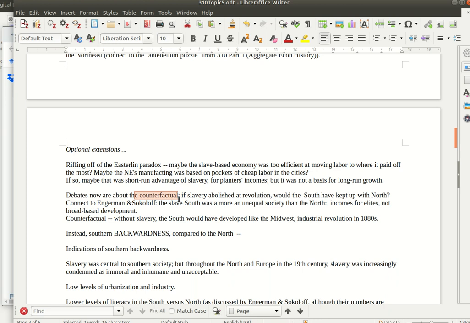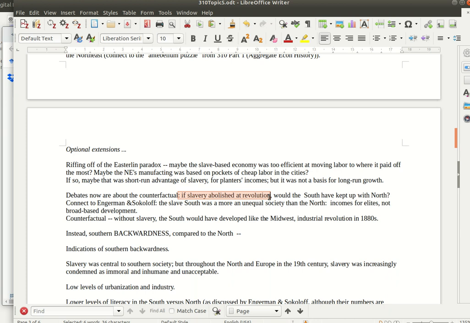And the counterfactual in this case that people look at for talking about slavery in the Southern economy is the question of, well, hey, what if slavery had been abolished with the American Revolution, as many people had hoped it would, as some of us think it should have been, to be consistent with the ideals being celebrated and inspiring people at the time.